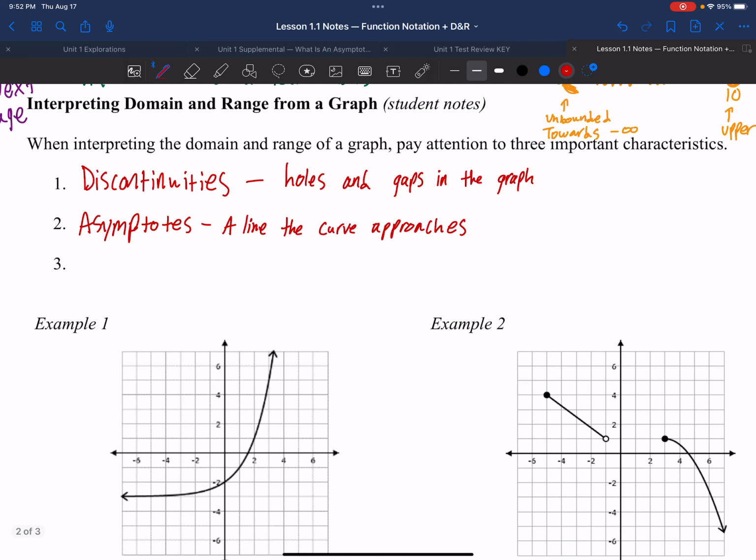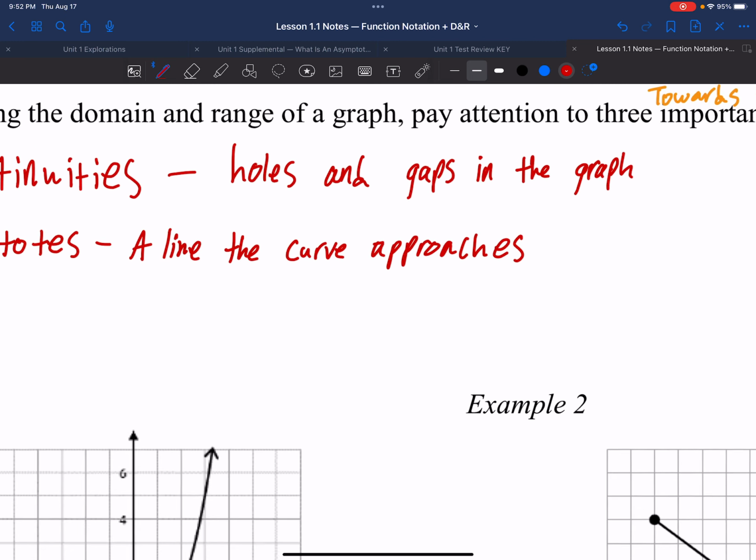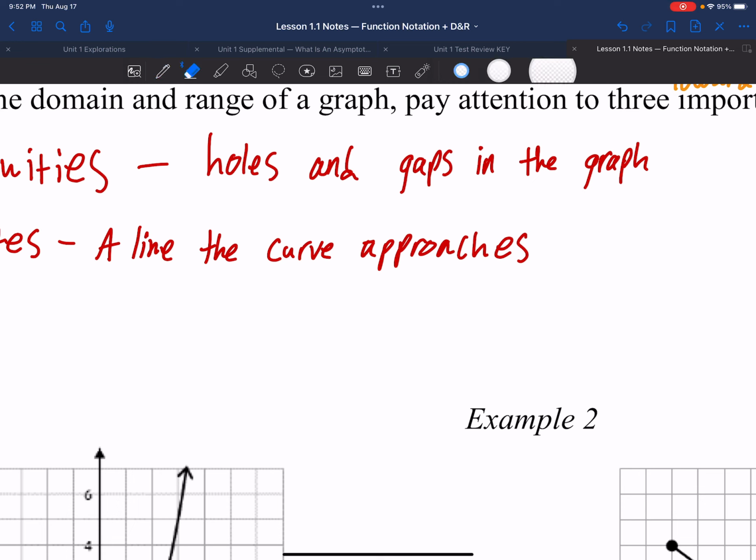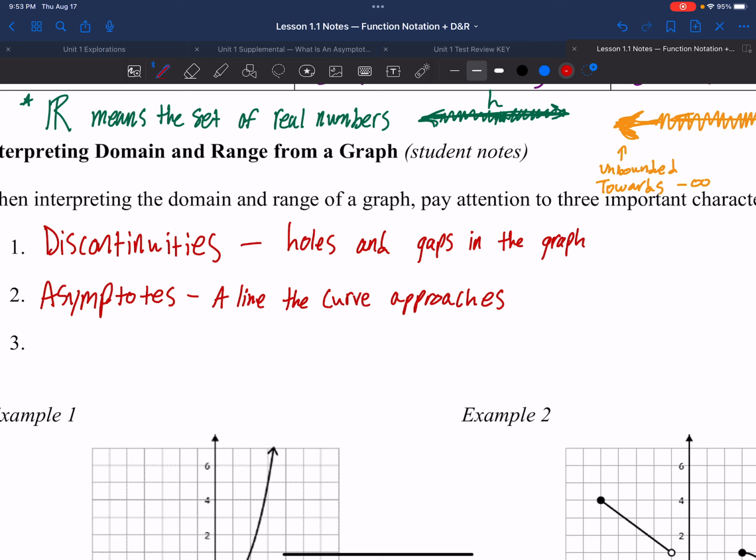If you took Algebra 1, well, I mean, you did because you're in this class, you often learn that asymptotes are a line that a curve approaches but does not touch. I'm going to leave out that does not touch stipulation because that's actually incorrect. That's actually not always true. And so if it's not always true, it's not correct to say that as part of the definition.